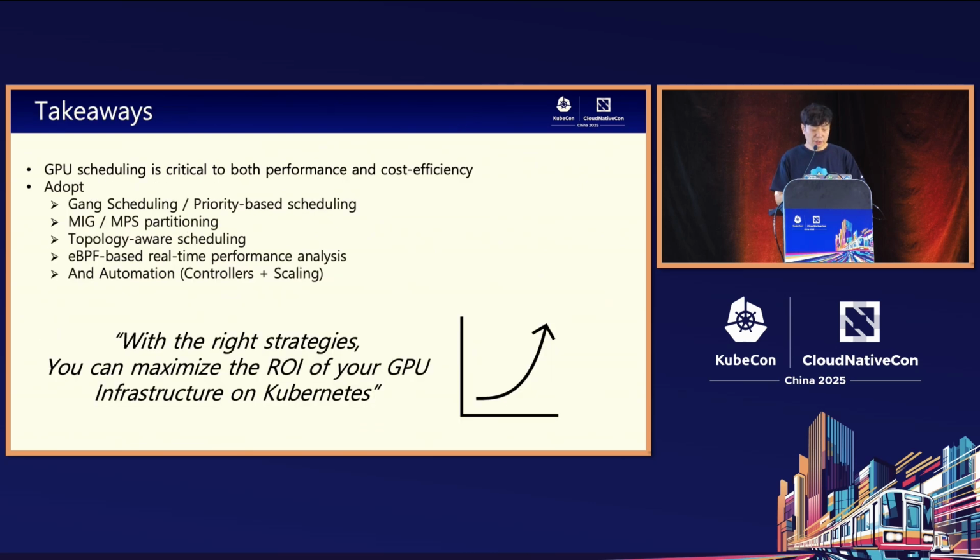Finally, GPU scaling is critical to both performance and cost efficiency. We adopt gang scheduling, MIG, and MPS based on the type of your AI workload. If it is AI inference or training, you have to think about it differently. With the right strategies, you can maximize the ROI of your GPU infrastructure on Kubernetes and save your GPU resources.